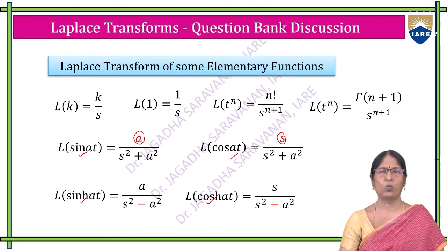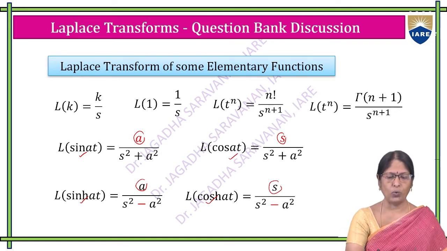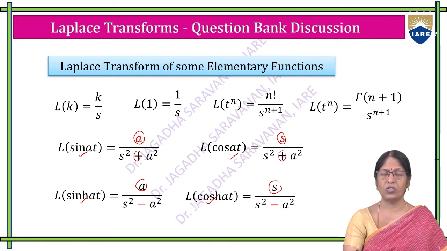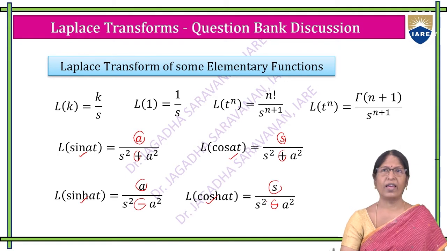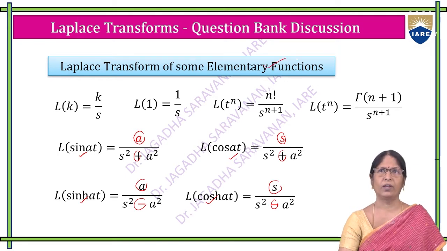For sin h, whatever it is, regarding the trigonometric term sin, the numerator will be dominated by a. For cos or cos h, the numerator will be dominated by s. Without h, there is a positive sign; with h, a negative sign. Like this, for elementary function formulas, we can find an easy way to remember.